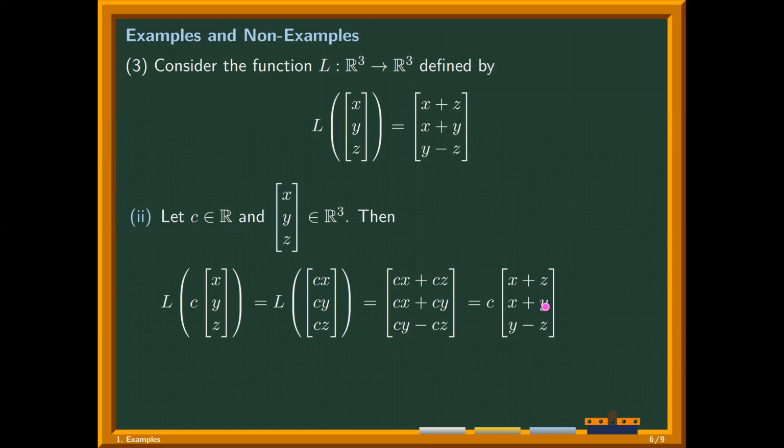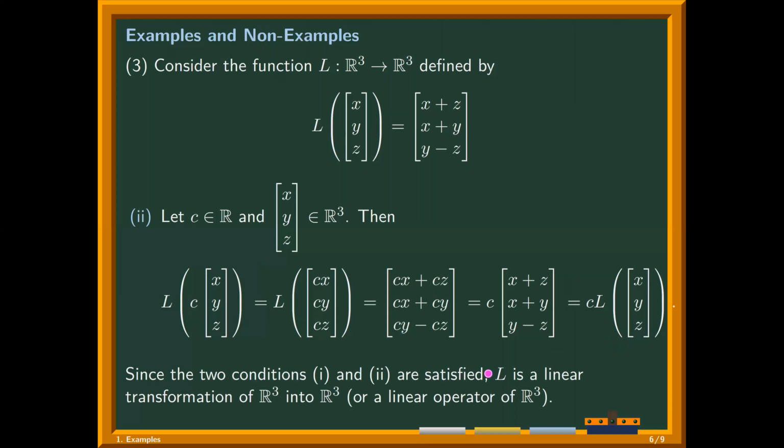So we can rewrite this as c times L of x, y, z. So we see that the second condition in the definition of a linear transformation is also satisfied. So we conclude that L is a linear transformation of R3 into R3. V and W are the same. So the domain and the codomain are the same. So we also call this a linear operator of R3.